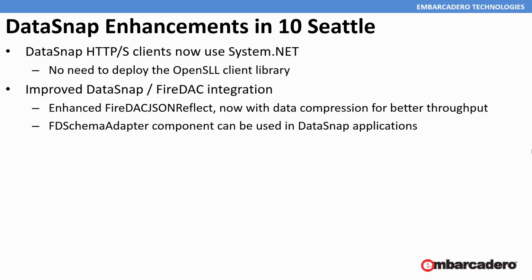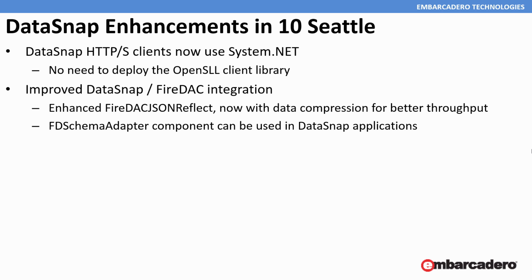We enhanced DataSnap in 10 Seattle. DataSnap HTTP and HTTPS now use the native HTTP libraries on each of the platforms in System.Net. So there's no need to deploy OpenSSL client libraries anymore. We've also improved the DataSnap FireDAC integration using a new component, FireDAC JSON Reflect, with data compression to provide better throughput.